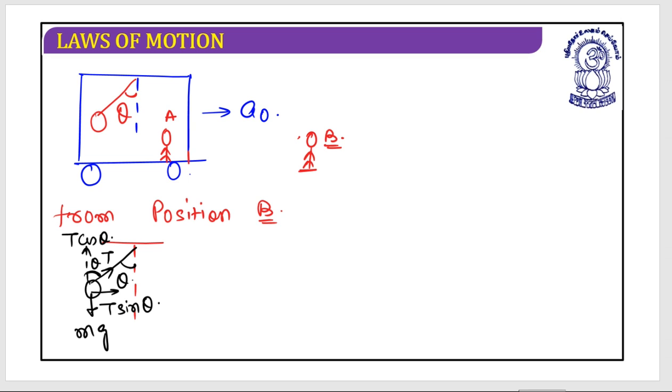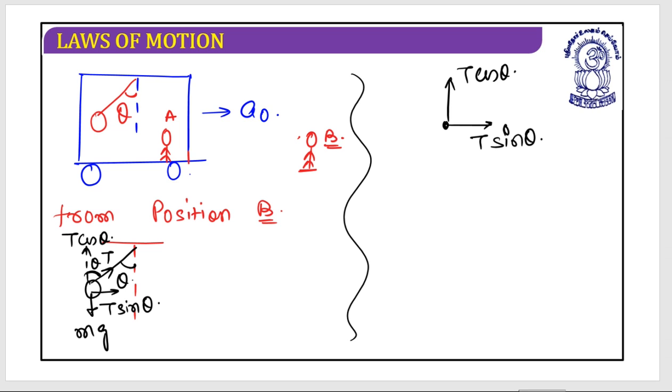If I make a free body diagram of this bob, it has a force T sin theta in this direction, a force T cos theta in the vertically upward direction, and mg in the vertical downward direction. As the car is moving with acceleration a naught and this bob is sitting in the car, it is also moving with acceleration a naught, that means m into a naught.